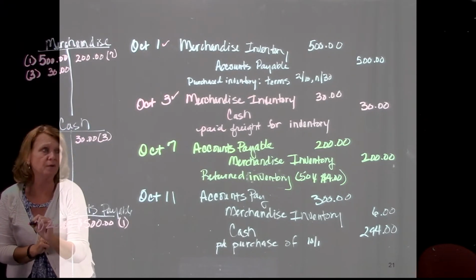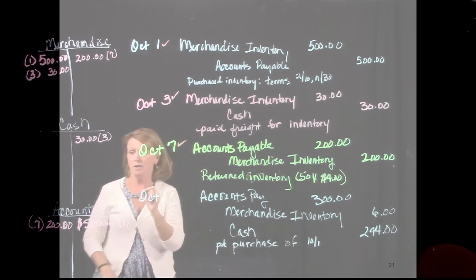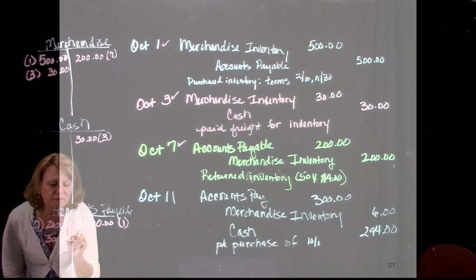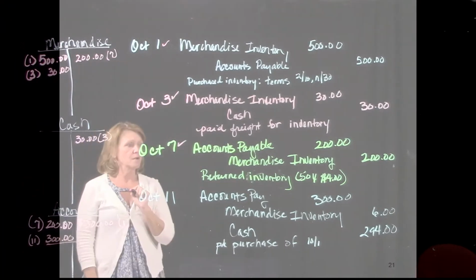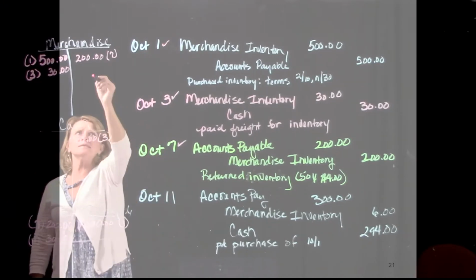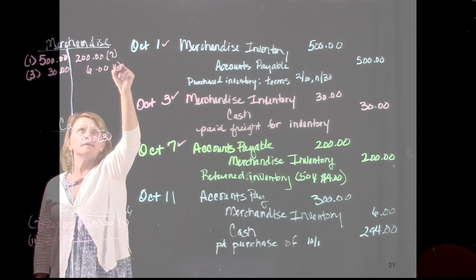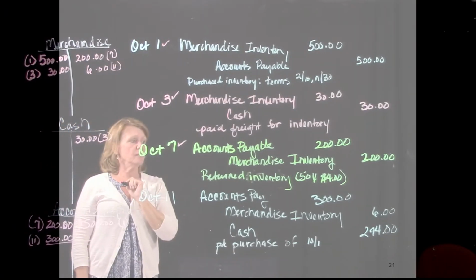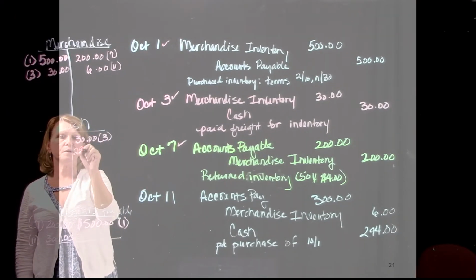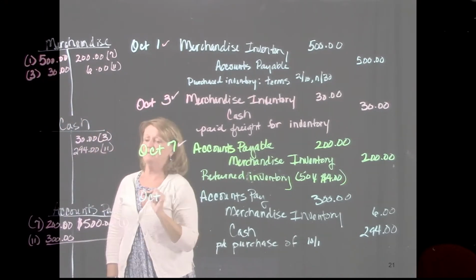So we have posted that one. And October 11th, we paid off this. And we reduced $6 from the merchandise inventory because we got a discount on the 11th. And we reduced our cash by $294. So now we have posted that one.